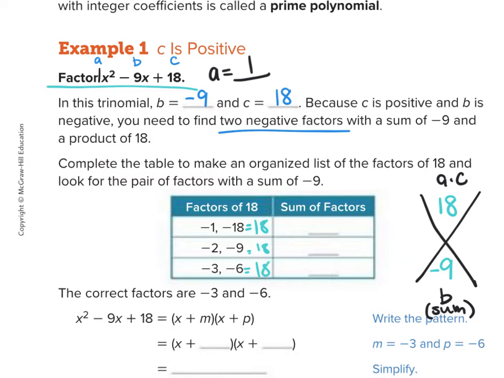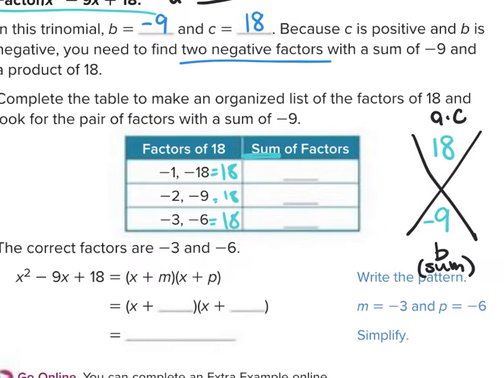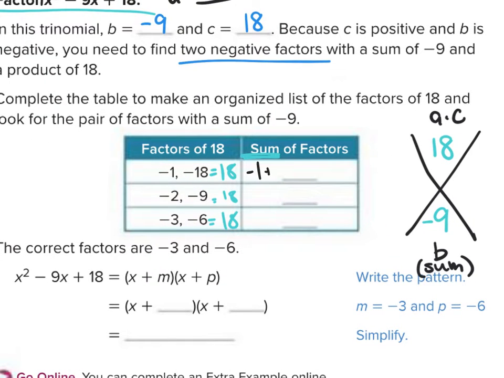But this other side says sum of the factors. So get your calculator, and we're going to add each of these. Negative 1 plus negative 18. What's negative 1 plus negative 18? Negative 19.